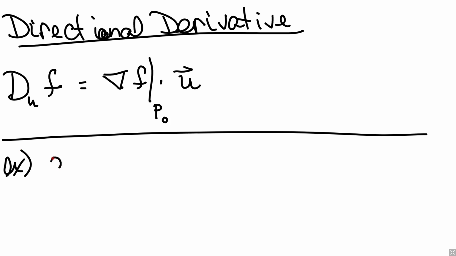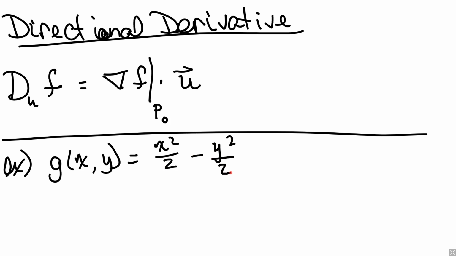We are given a function g of x, y, which is defined as x squared over 2 minus y squared over 2, and we're given the point square root of 2, 1. For part A, we are asked to find the gradient of g.